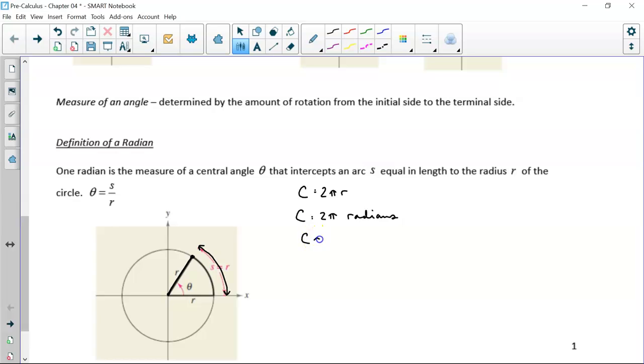So a circle is about 6.28 radians. So it's going to take about 6.28 of the radius to go all the way around the circle. So keep that in mind as we go through. We'll be talking about things as we see it, but this is kind of just our introduction.